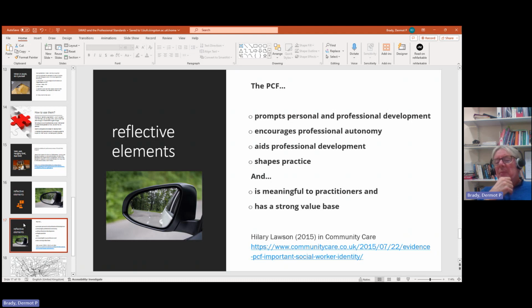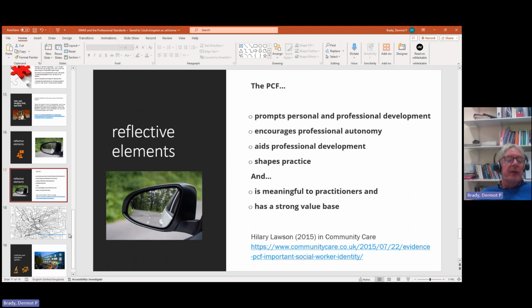It makes us think perhaps multidimensionally about the actual things we do in our day to day. And also, it was meaningful and, in fact, valued by practitioners and had a strong value base. Social work values were written into the script. So you can follow that article if you like, but that's the basic take on that.